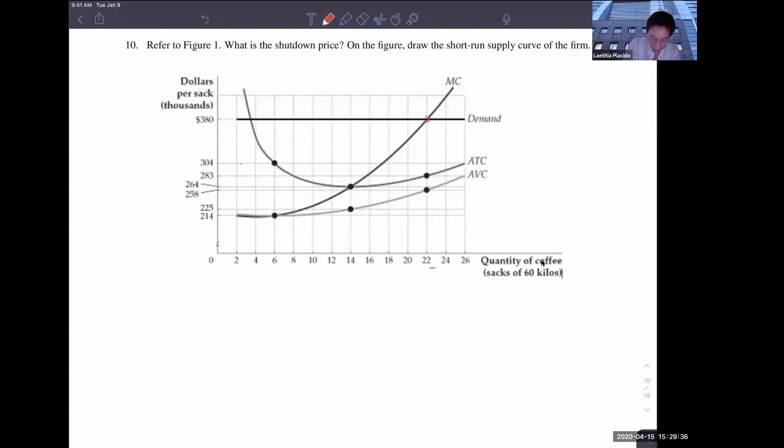Well, you just look for that level of price where we intersect the marginal cost curve, and this is going to give you the optimal quantity. So what is the supply curve of the firm here? This is simply the marginal cost curve. For each price level, the firm optimally reacts by setting the quantity such that price equals marginal cost.